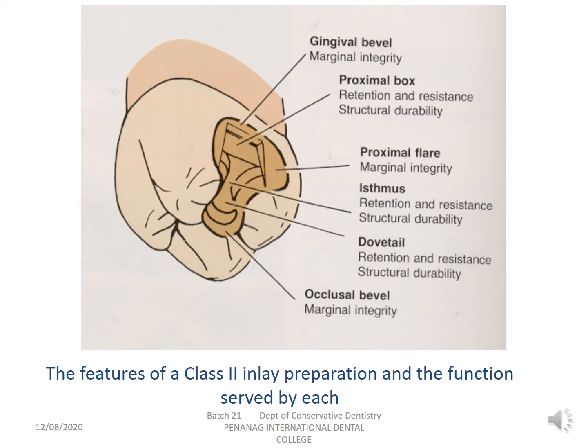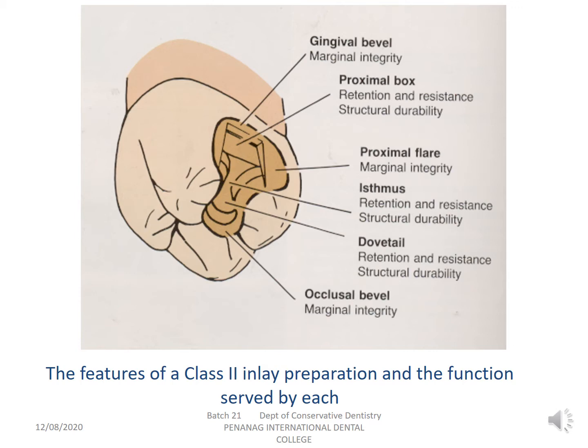At the same time, this obtuse cavosurface margin gives a strong enamel. At the gingival area also, it gives 30 to 40 degrees marginal metal which can be burnished. At the same time, it provides a lap sliding fit.